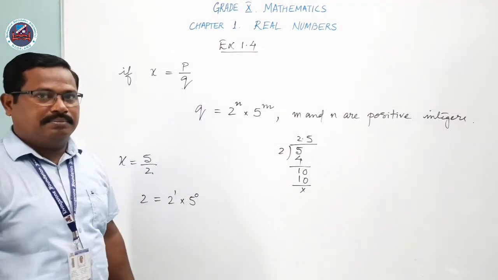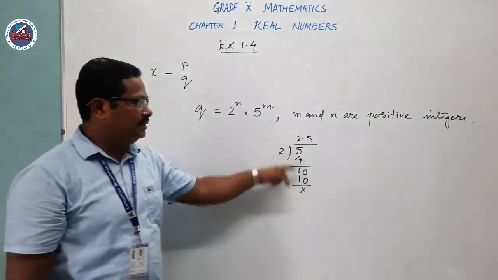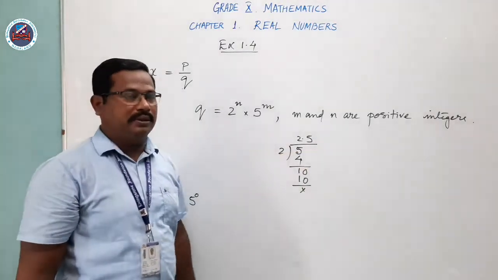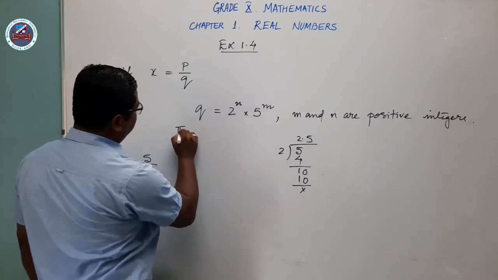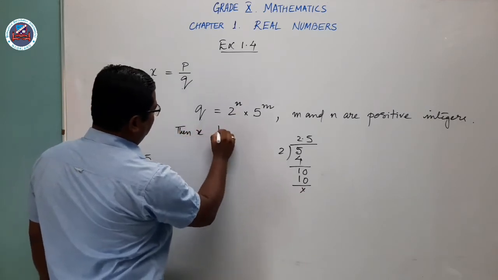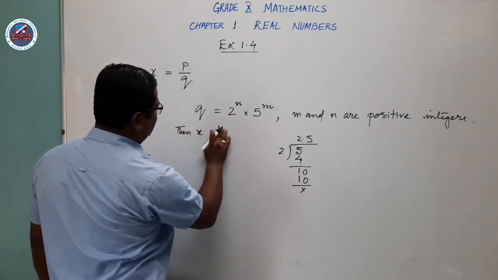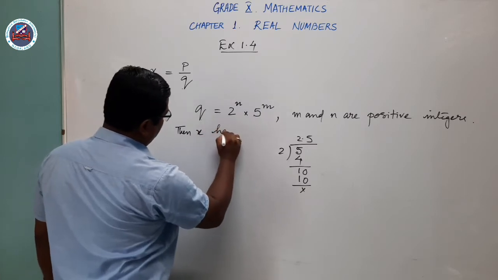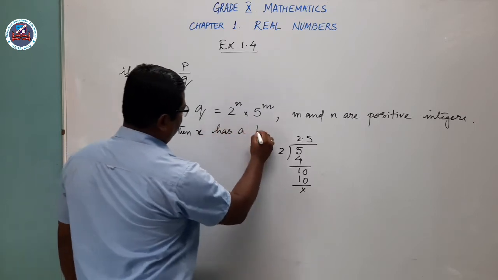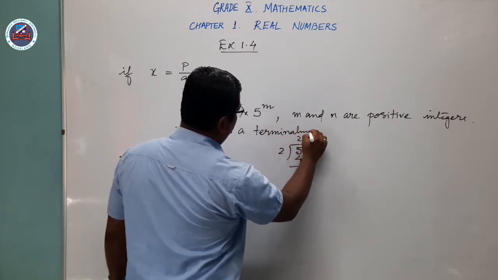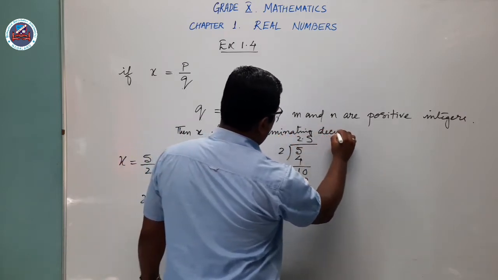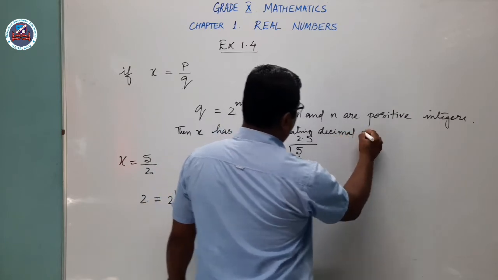This is a rational number, but when we divide it, it will stop. It will terminate. So if you can write it in this form, then x has a terminating decimal expansion.